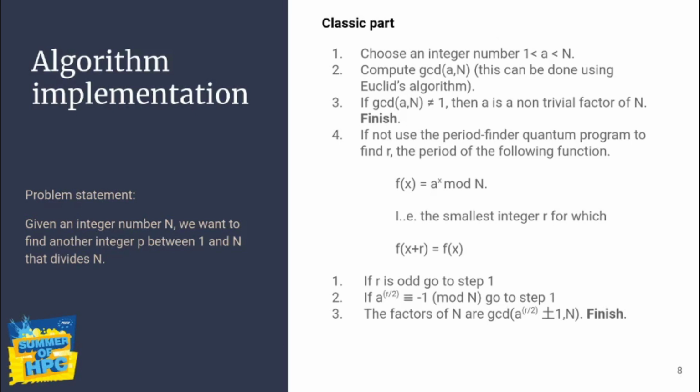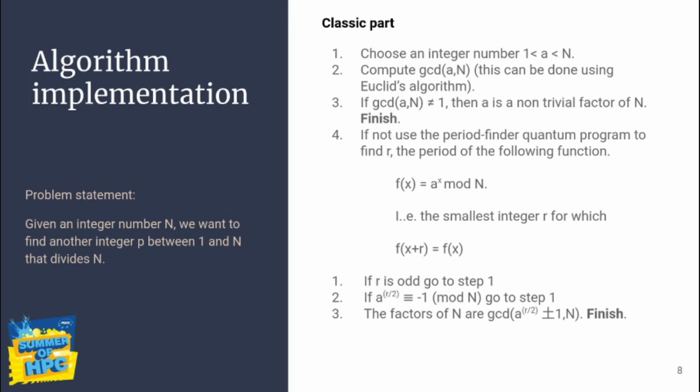We begin by describing the algorithm. Starting from the integer n that we want to factor, we choose an integer a smaller than n. We calculate the greatest common divisor of a and n. If it is different from 1, it means that a is a nontrivial factor of n, and we finish the algorithm. Otherwise, we use the quantum algorithm, which will give the period r of the function f(x).